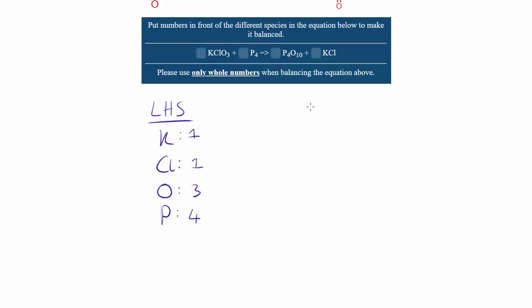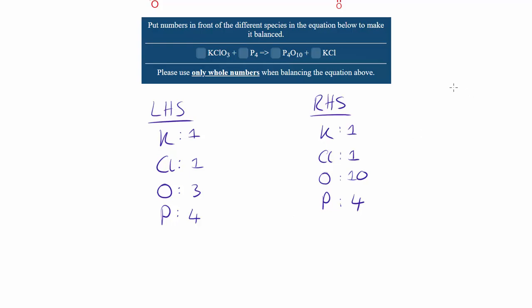Okay, so now in terms of the product side of the equation, the right-hand side, RHS, we've got potassium occurring once, chlorine once, oxygen 10 times, and phosphorus 4 times.